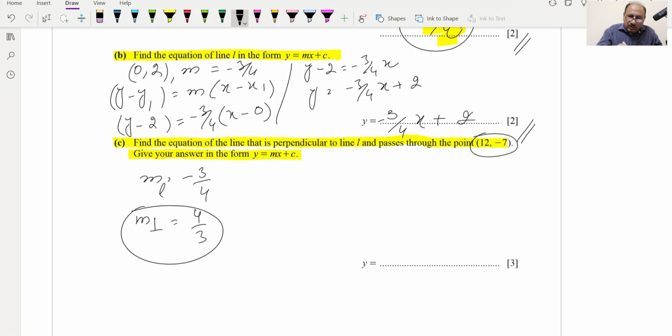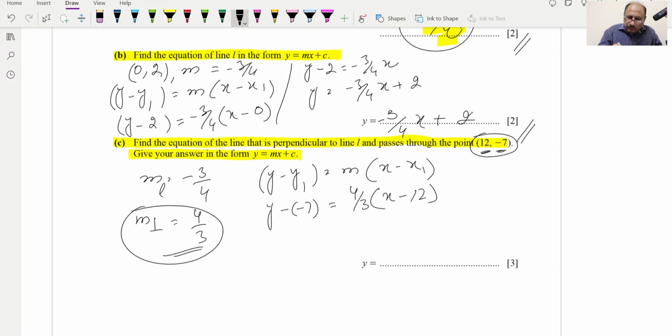and the same equation which we have used in part B, we'll be using y minus y1 is equal to m into x minus x1, and y minus y1 will be minus 7, and this is equal to m, which is 4 by 3. So 4 by 3 into x minus x1 is 12, so x1 will be 12.